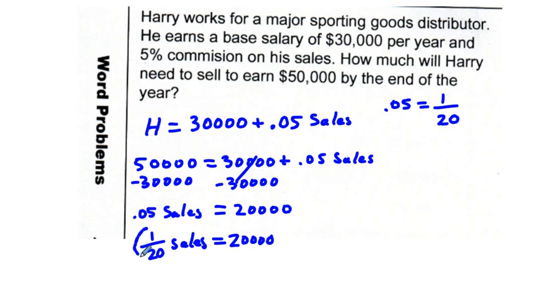You can multiply the whole equation by 20, or look at it as cross multiplying. So the amount of sales Harry has to make is 20 times $20,000, which is $400,000.